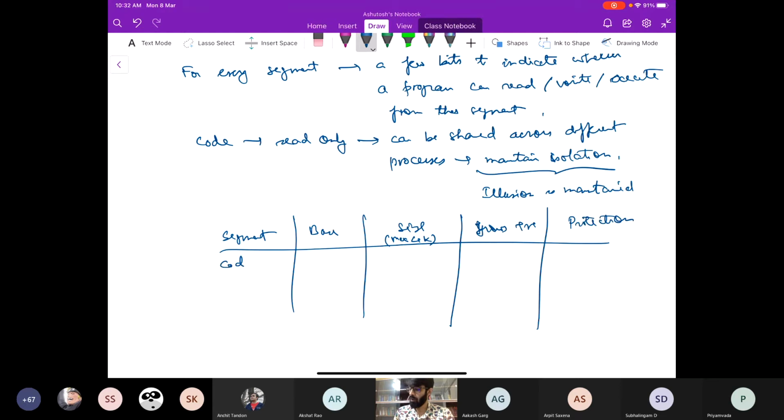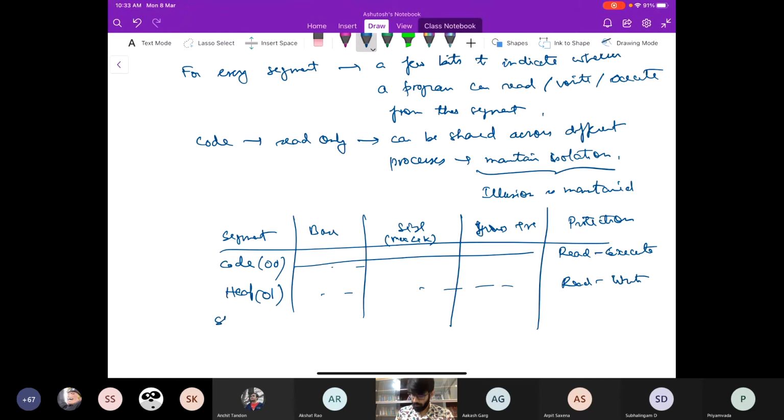Suppose for the code, other things are going to be the same, and then we have read and execute, no write. For the heap, code is 0, 0, 0, 1. Again, the same things. And let's say this is read write and so on.